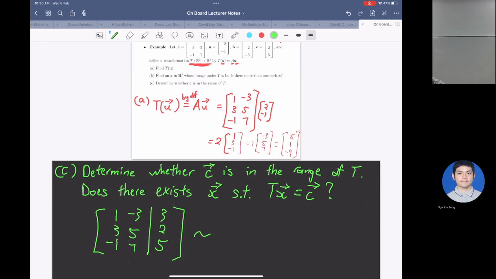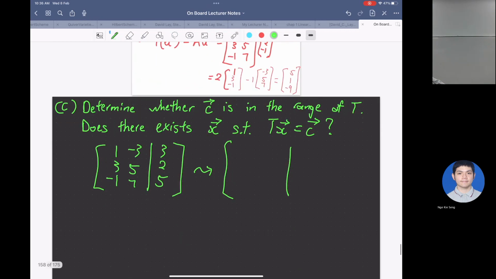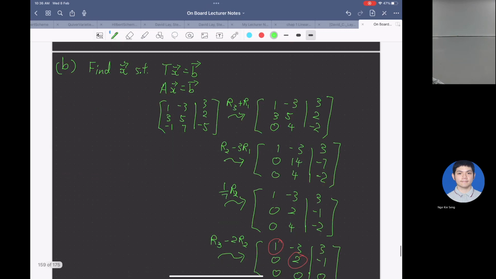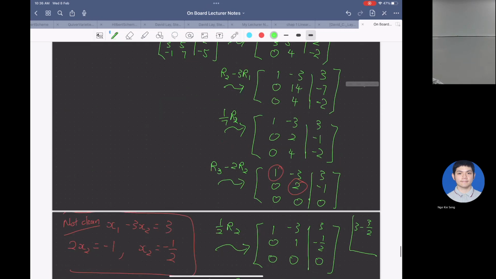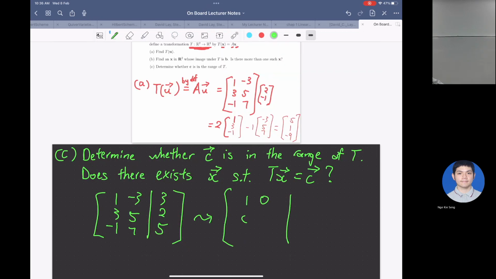The row reduction should be the same, just that what happens to the constant is different, because you have a different constant here. Let me see what row reduction we get. Okay, so we can row reduce to this form.